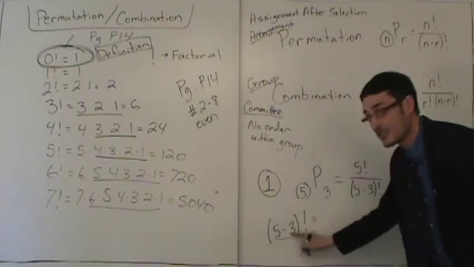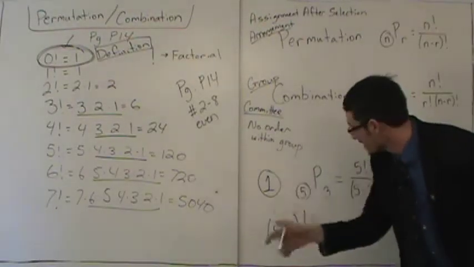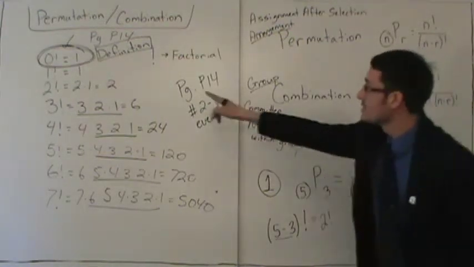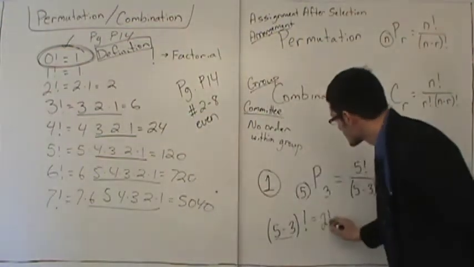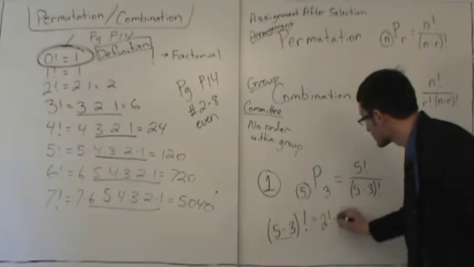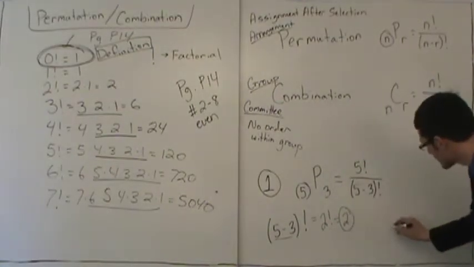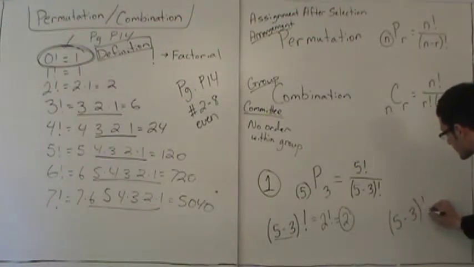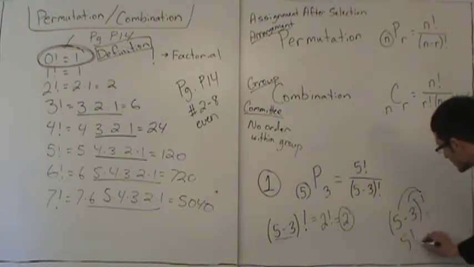This is correct. 5 minus 3 is 2. So we get 2 factorial, and we know that 2 factorial is 2. The correct answer is 2. If you try to distribute, watch. This is wrong. 5 minus 3 factorial, if you try to distribute, you get 5 factorial minus 3 factorial. This is wrong.